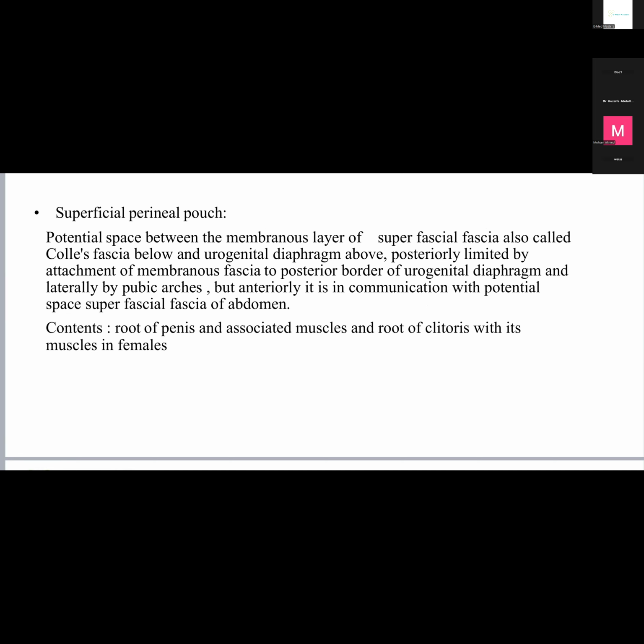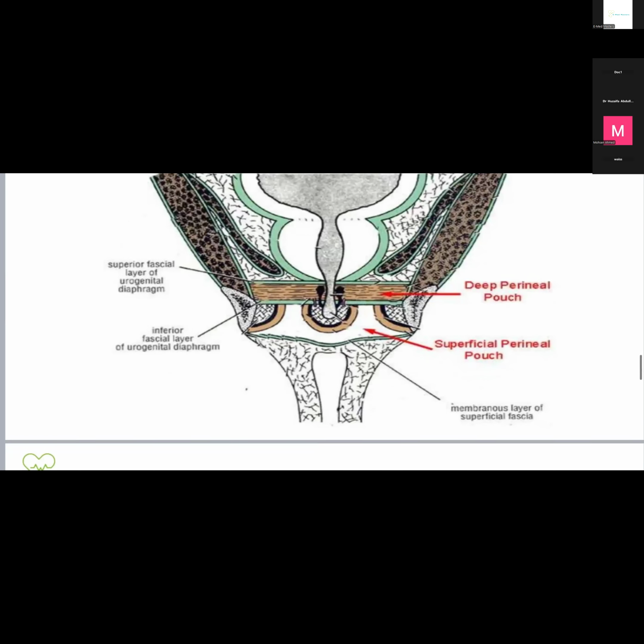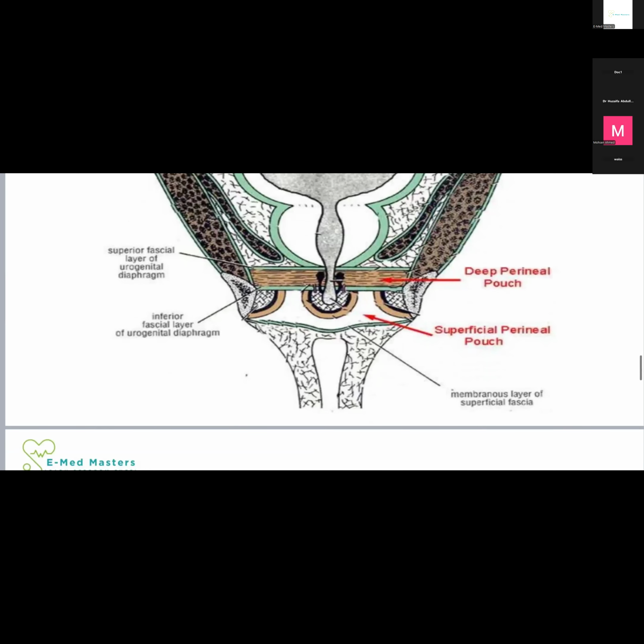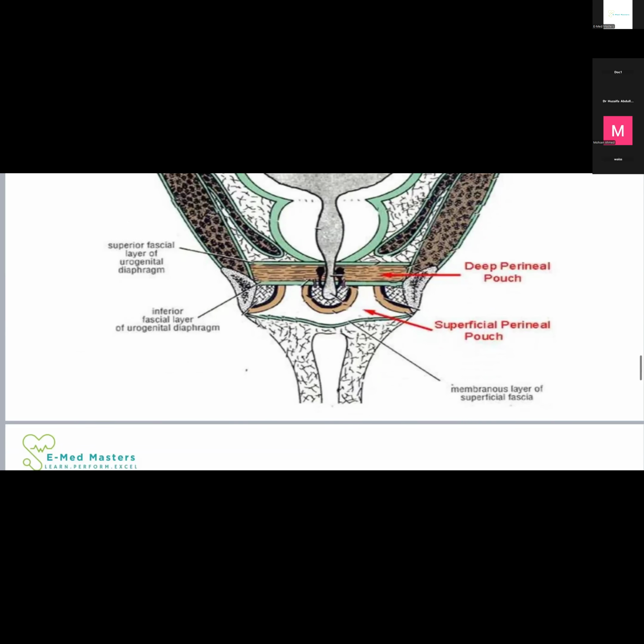Its contents are the root of the penis and associated muscles in males, and the root of the clitoris along with associated muscles in females. This is the picture. This is the deep perineal pouch and this is the superficial perineal pouch. You can see it is continuous. It is deficient anteriorly. Posteriorly, it is limited by the membrane, laterally by the pubic arch.